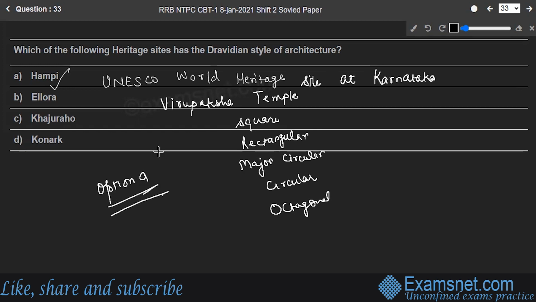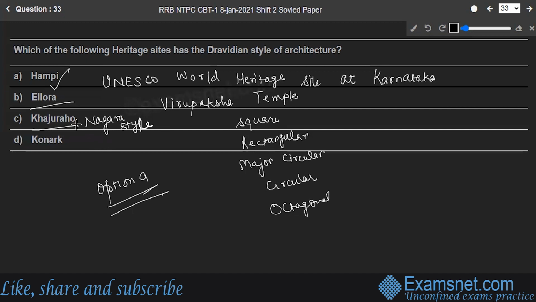Which of the following heritage sites has a Dravidian style of architecture? It's option A, Hampi. If we talk about Ellora, it is considered among the finest examples of rock cut architecture, which dates back to the Rashtrakuta dynasty about 1500 years back. Next, Khajuraho temples feature Nagara style architectural symbols.